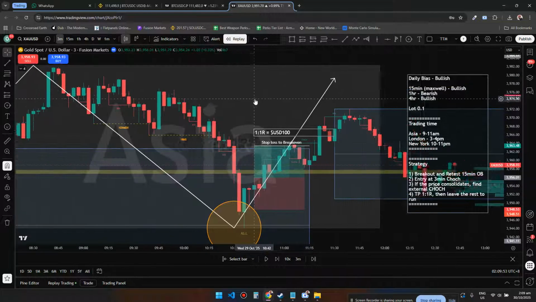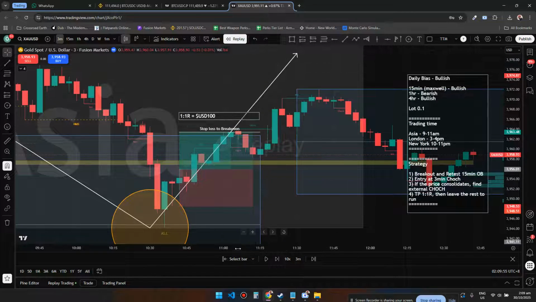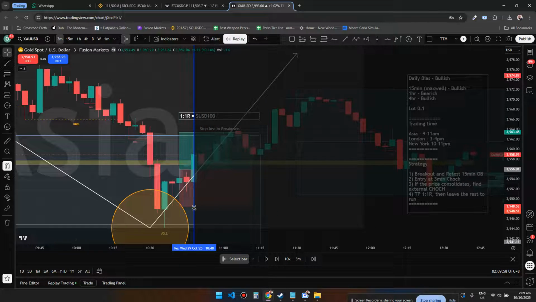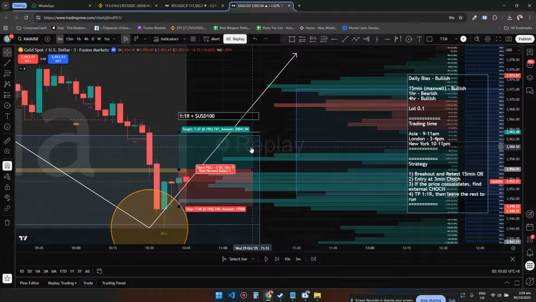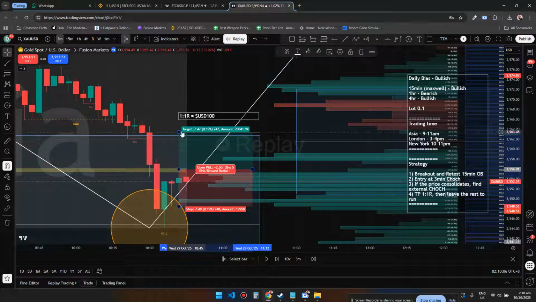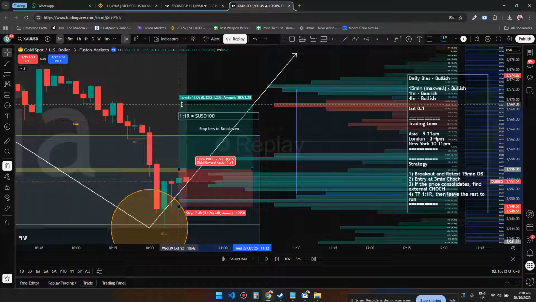All right. So let me do some recap on the trade again. You can see here there are many volume profiles on the right side. The first one that is more prominent is this area.